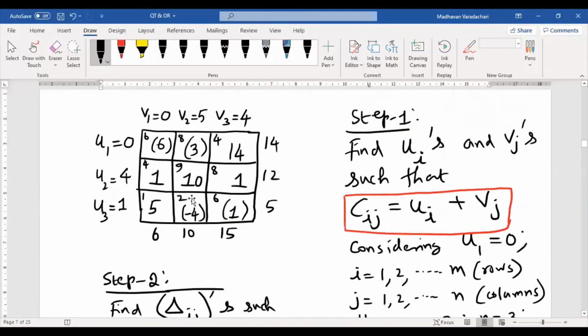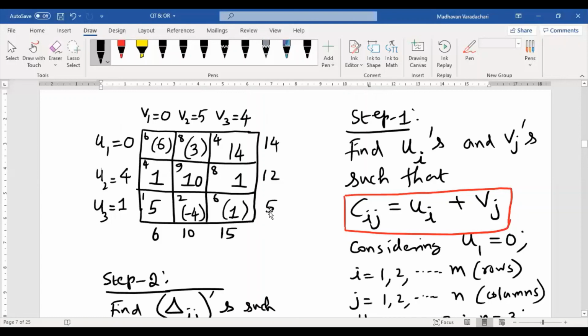That is this, correct? Yes, sir. So we haven't reached the optimal solution. That is why I recopied that particular table once again. Suppose all these are positive, we can conclude that we have reached optimality.